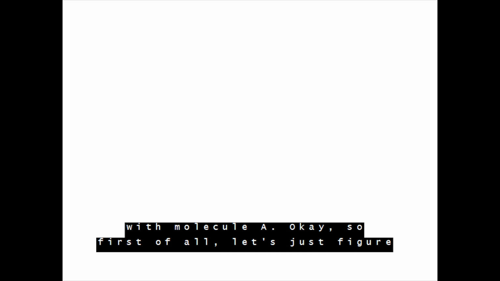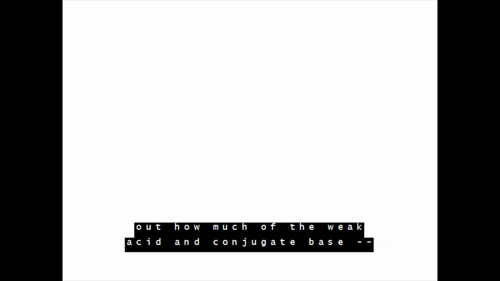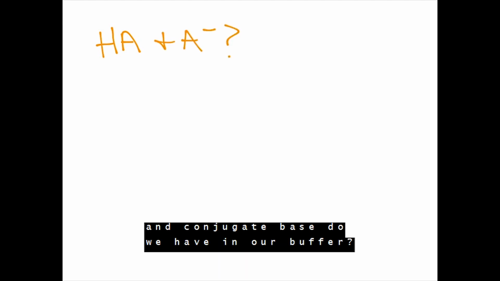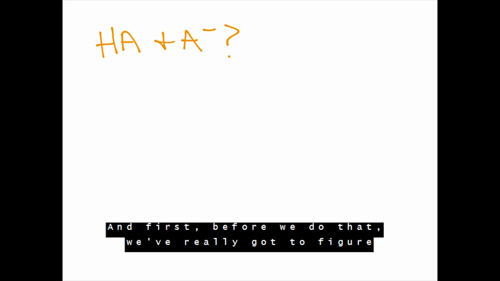Okay, so first of all, let's just figure out how much of the weak acid and conjugate base, so I'm just going to represent them even though we're talking about glycine. Well, I guess I'm writing in gold now. So how much HA, weak acid, and conjugate base do we have in our buffer?